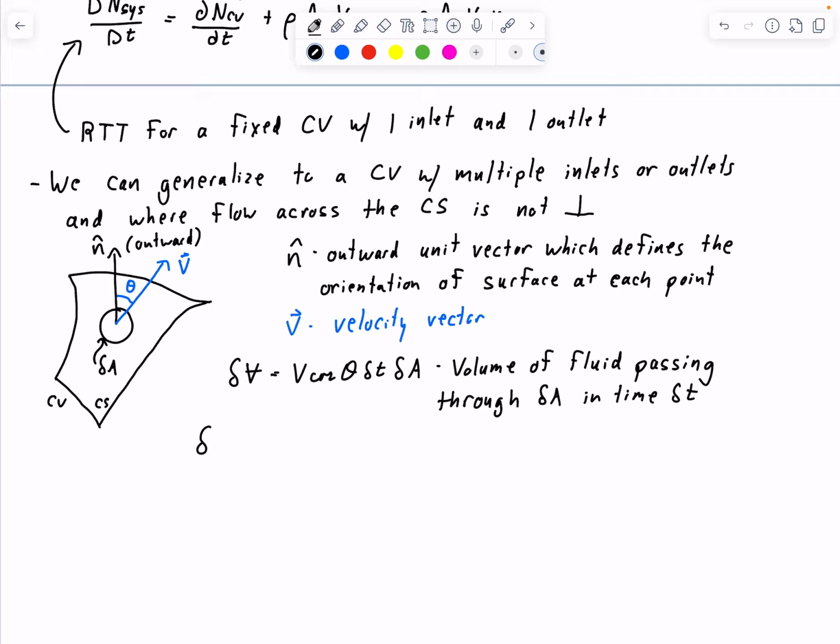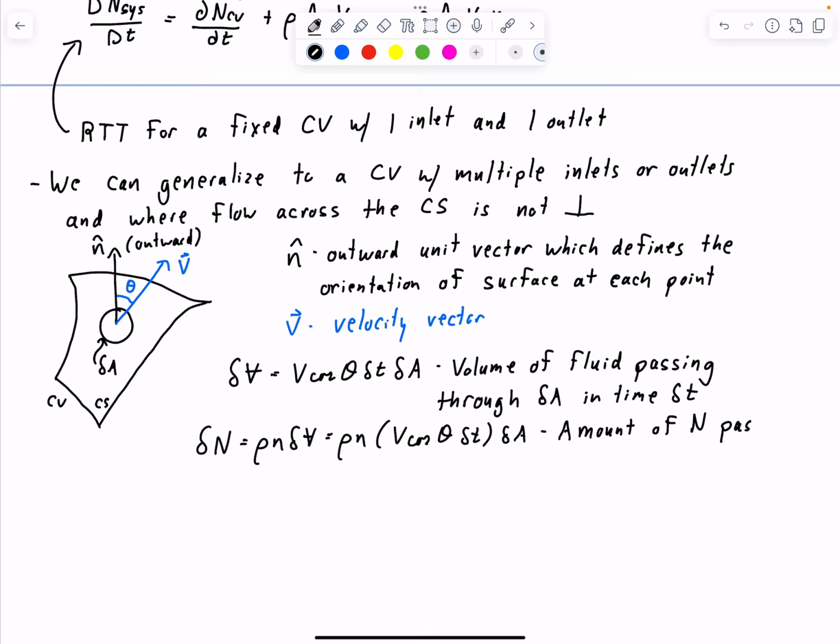Following the steps we did before, delta N is equal to rho eta delta V, which expands to become rho eta V cosine theta delta t delta A, which is the amount of your extensive property N passing through your area delta A in time delta t.